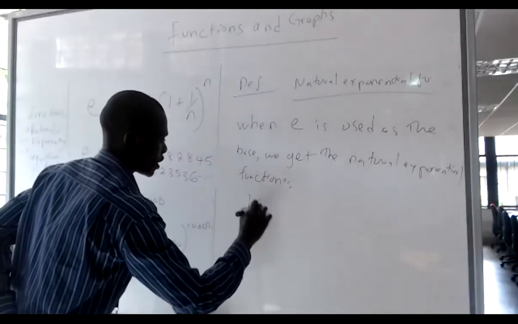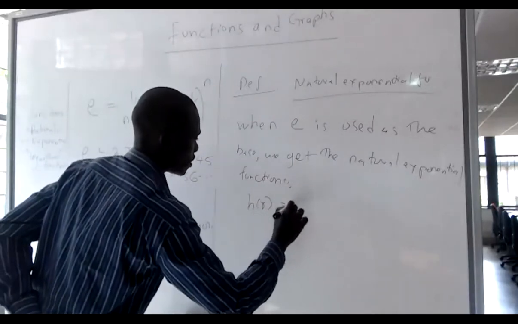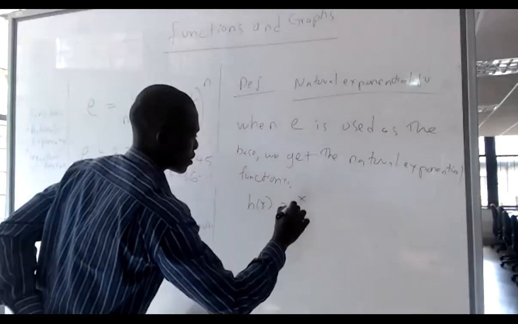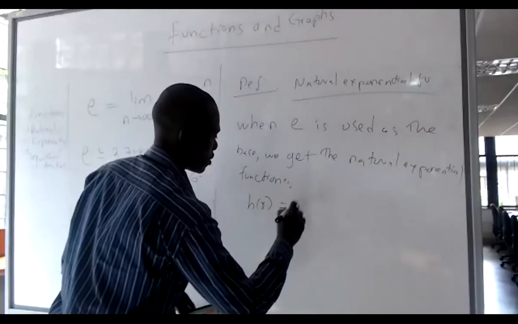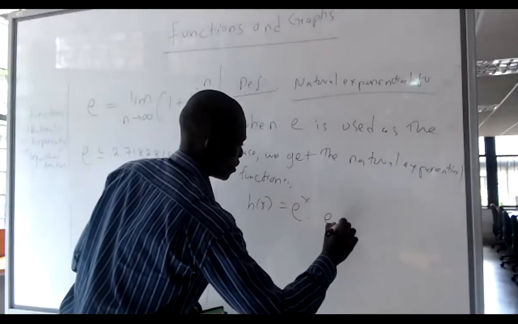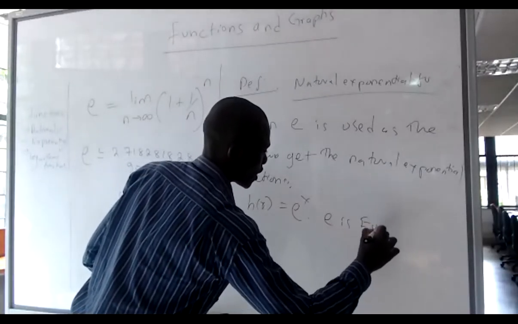So the function h of x is defined as e to the x, where e is the Euler number.